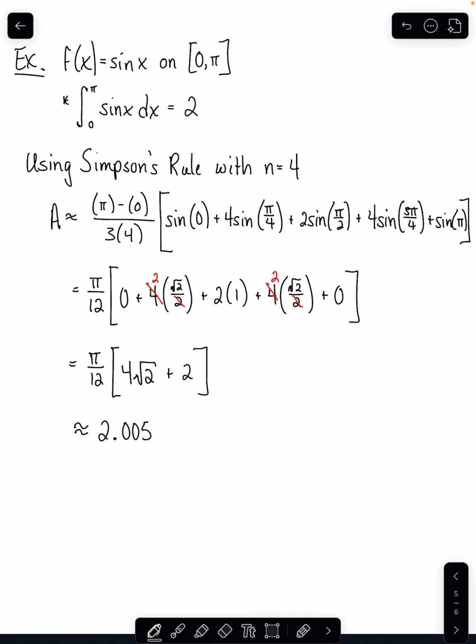In the trapezoid rule, when n equals 4, our error was off by a little bit more than 0.1. Now our estimate is off by 0.005. Only 5 1/1000ths off from the actual value. That's considerably more accurate. Even the midpoint rule wasn't as accurate as this.